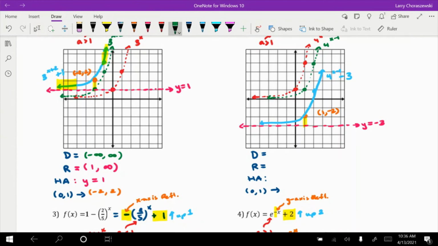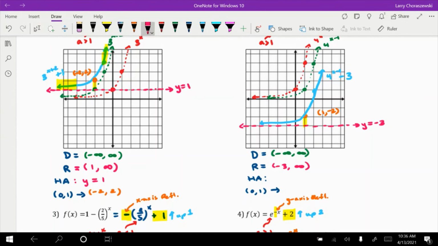All right, let's go over the answers here. So the domain for the function given in 2 is going to be all real numbers. Anybody want to offer the range? Perfect.